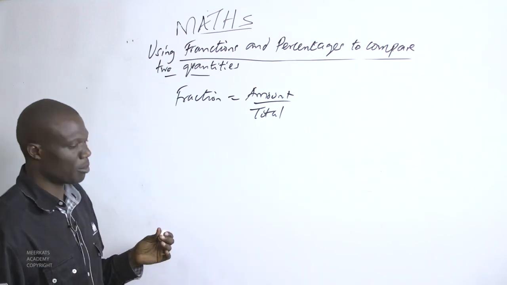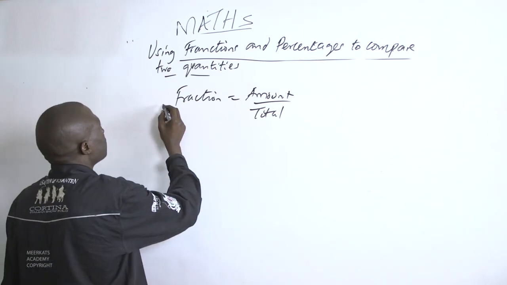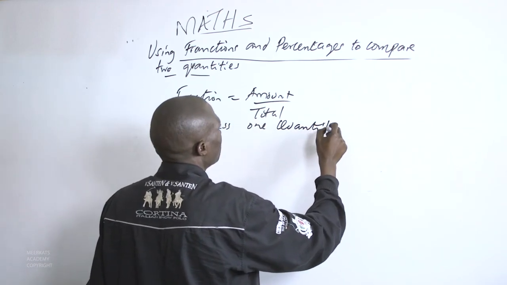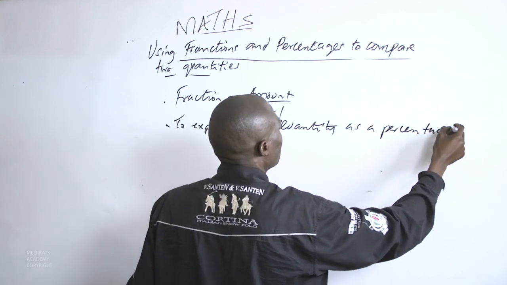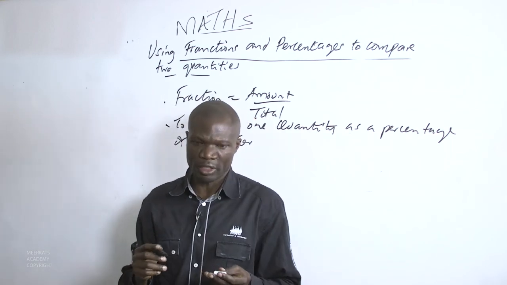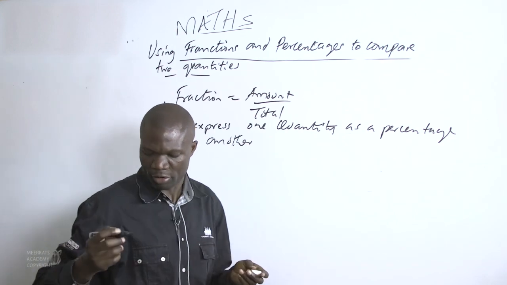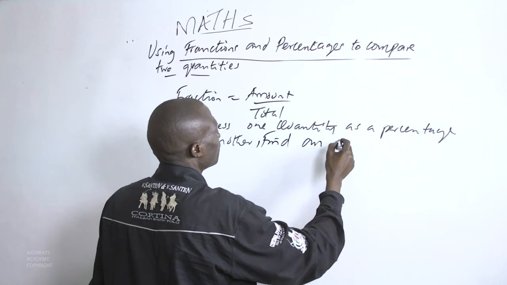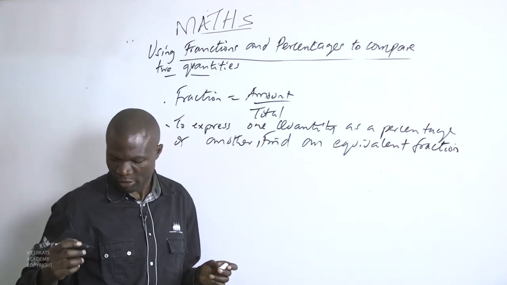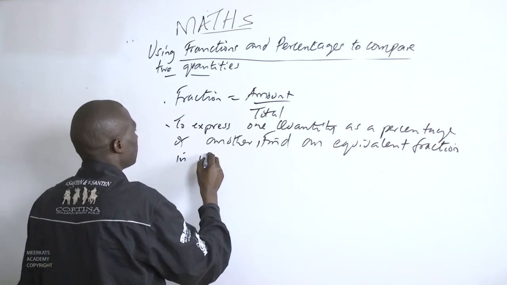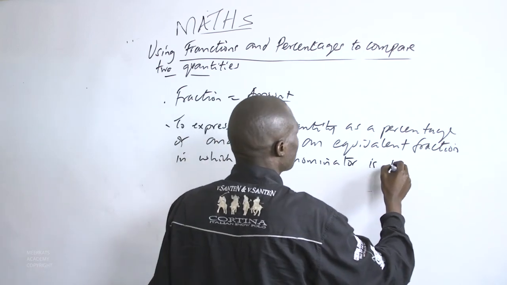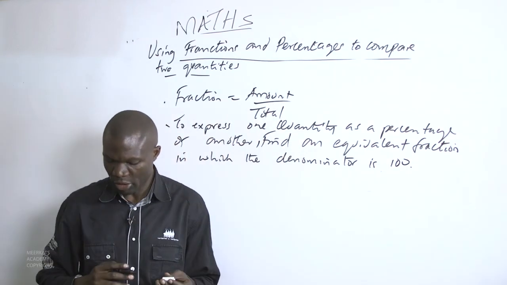So to express one quantity as a percentage of another, find an equivalent fraction in which the denominator is 100.